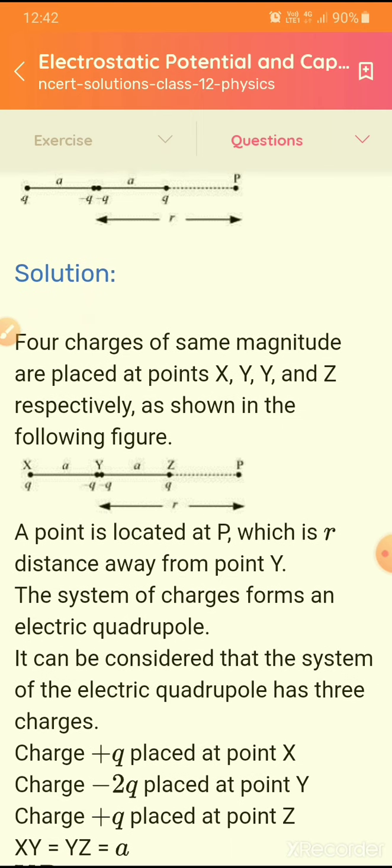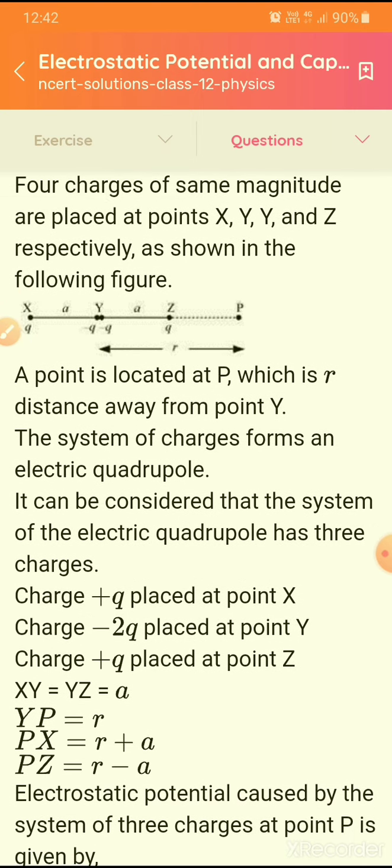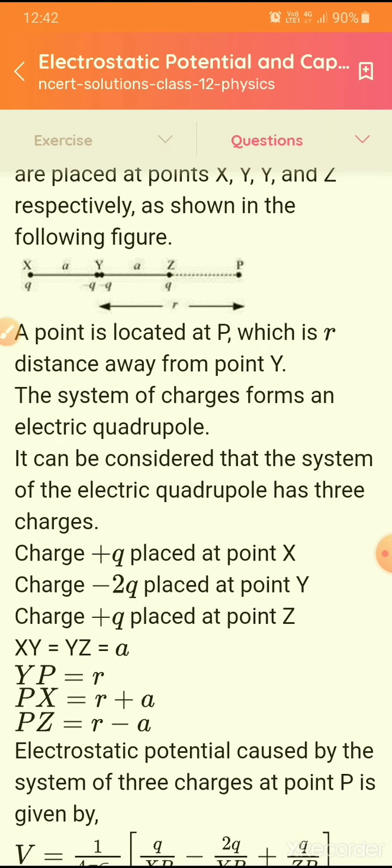So the plus Q charge is placed at point X, minus 2Q at point Y, and plus Q at point Z, so that XY and YZ are equal to a. YP, we already know, is r.